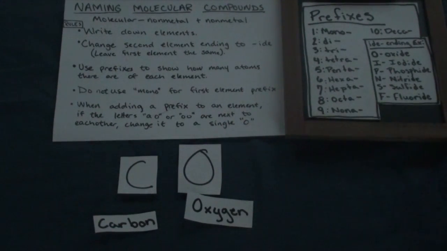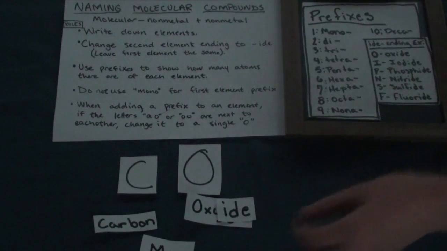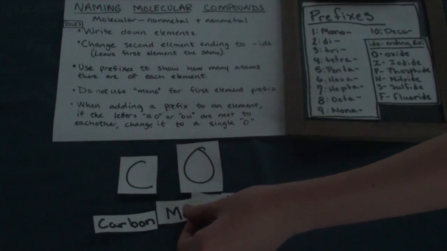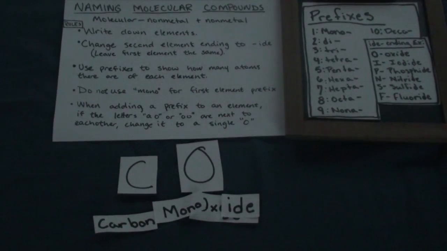Add the suffix to oxygen, so it's carbon oxide, and then add mono, since there's only 1 O. This equation becomes monooxide, but since we have the O and O rule, we need to make it so there's just 1 O, so it becomes carbon monoxide. There you have it. This is how to name molecular compounds.